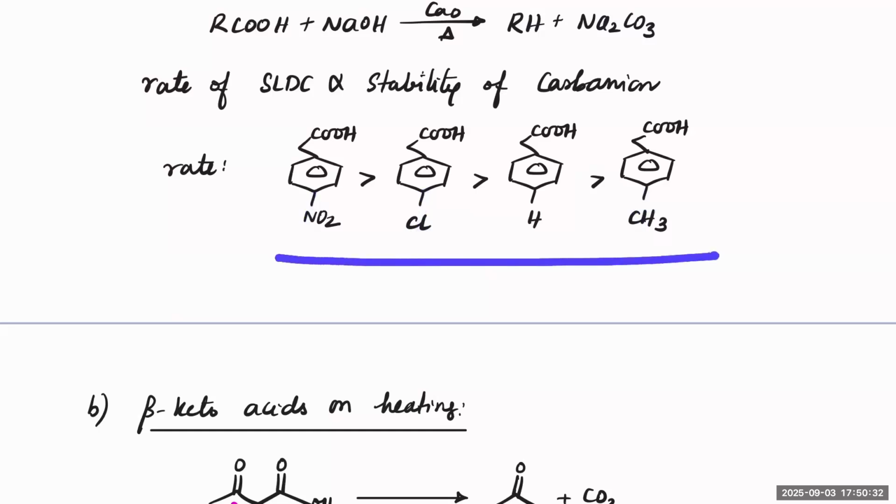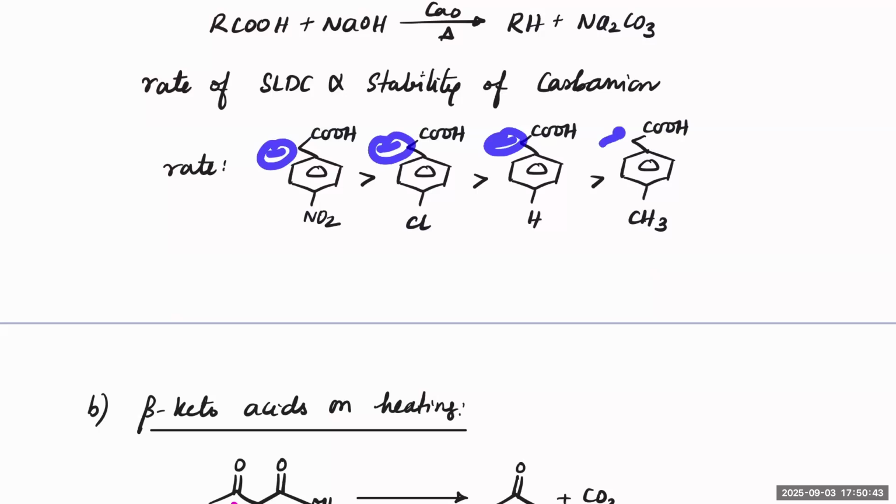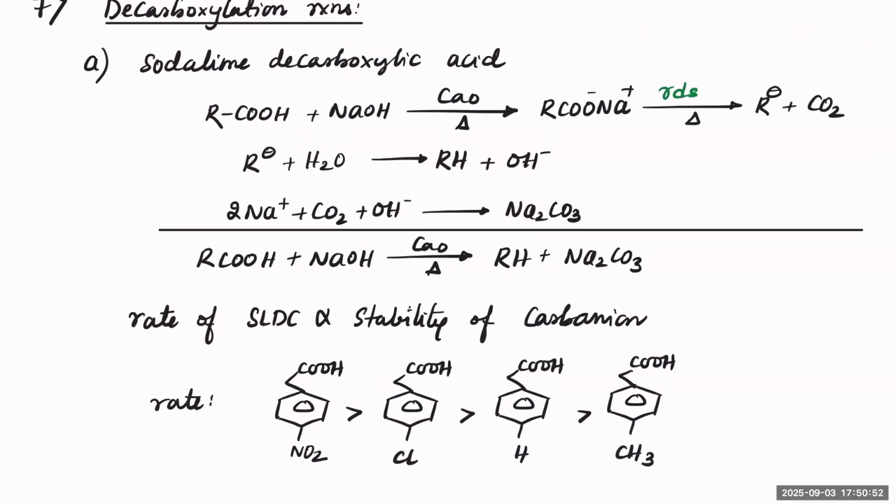So if I compare all of them, with COOH, COOH, COOH, COOH on each, if you remove it, the carbanion which you get here is the most stable for NO2, then chlorine, then hydrogen, and CH3 is least stable. Done. This step is called soda lime decarboxylation. We studied this in alkanes only, just repeating it. Clear, beta?